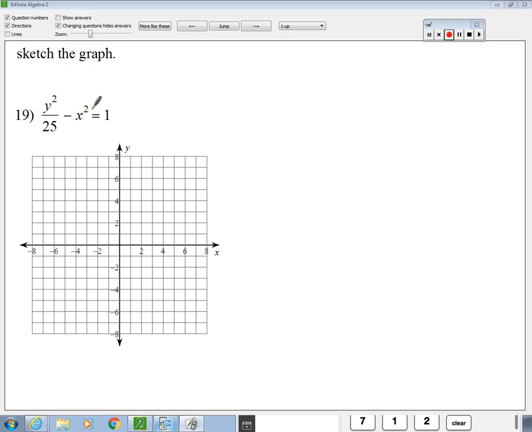They're just y squared and x squared. Below the y is a 25. So what was the a value? 5. Since that's under the y, on the y-axis we go up 5 and down 5. Under the x is a 1. Think about it. If it were a 0, the whole thing would be undefined. And so b equals 1. So on the x-axis we go right 1 and left 1.